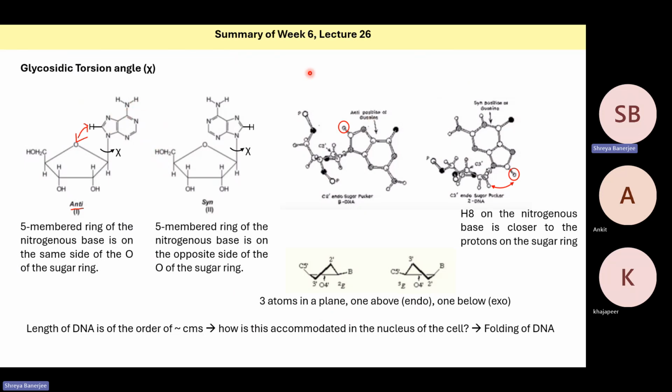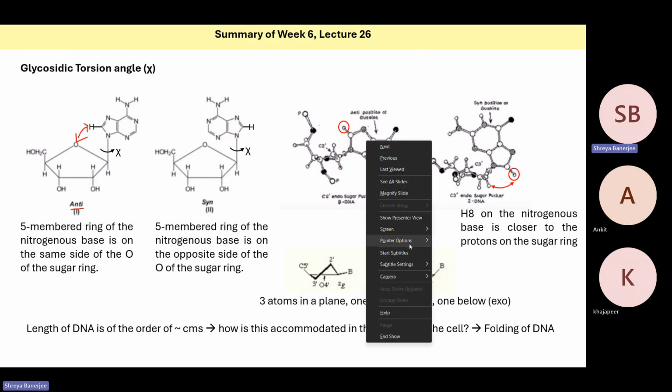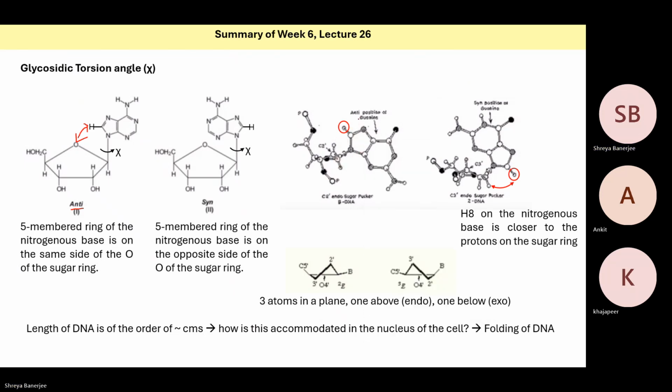You can imagine this anti-orientation is again shown here in a 3D ball and stick model. So you can see here, this is the hydrogen. This hydrogen is shown here in a red circle and it is close to the oxygen of the sugar.